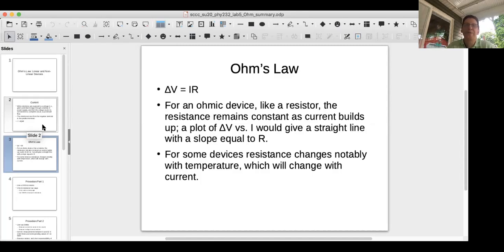So for an ohmic or linear device like a resistor, the resistance remains constant, and again, a plot of voltage versus current gives a straight line with a slope equal to R. But we're going to look at some nonlinear devices as well, where the resistance can change with the amount of current going through. So we're going to look at a regular resistor, and two nonlinear devices.